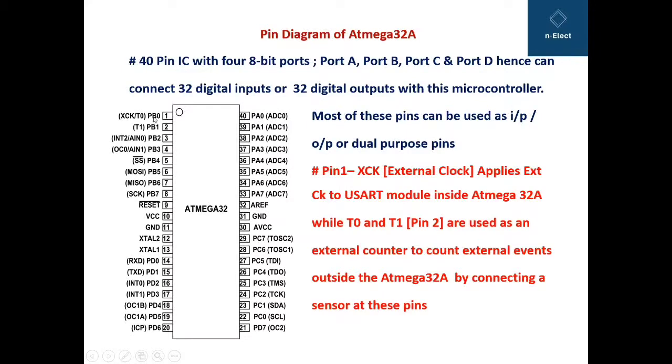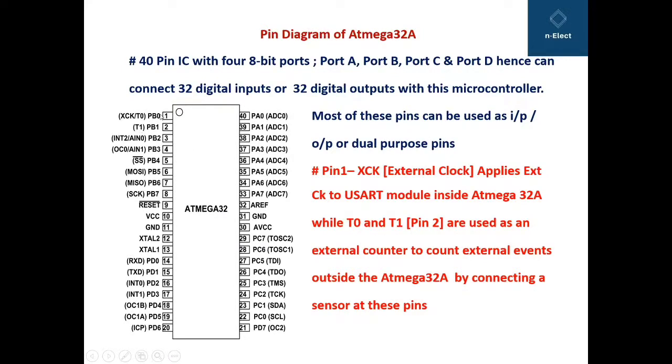Moving on to pin number 1, which is XCK, that is external clock. It applies external clock to the UART module inside ATmega32A. So the external clock is provided to the UART module through this pin, while T0 and T1, that is pin 2.